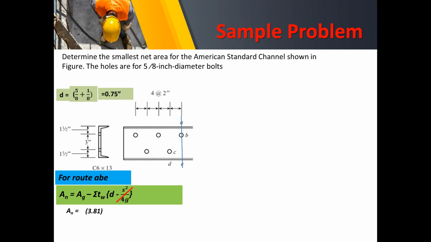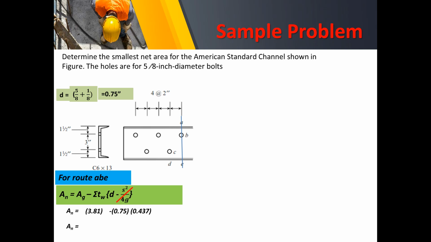Now, web thickness because your bolt is on the web. So we less the thickness of that web, or actually this is the diameter, 0.75, and the thickness is 0.437 from the table a while ago.